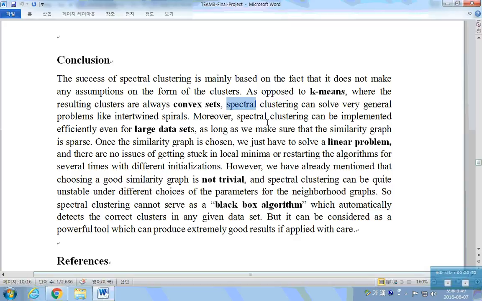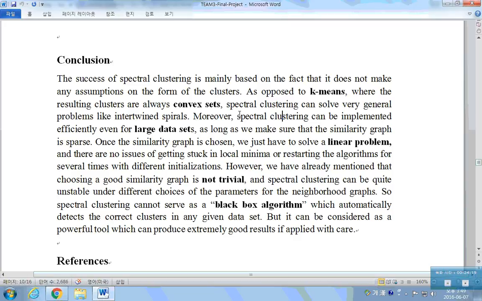Also, spectral clustering can deal with a large data set, because if we just divide into 2 parts, for the normalized Laplacian case we only have to deal with one eigenvalue, the second smallest. So it's quite easy, and the calculation is not very big.